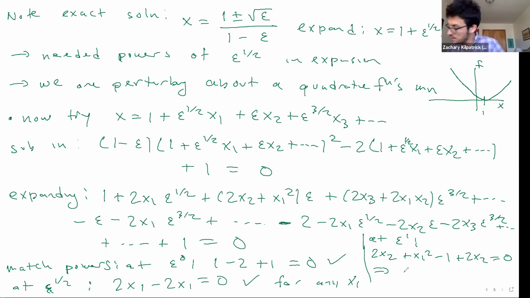This implies that x1 squared is equal to 1. So that implies that x1 is equal to plus or minus 1. So I get the two roots that branch off from the double root there. So I get two distinct roots basically as I change epsilon in this case. All right. So that's my next order up term.